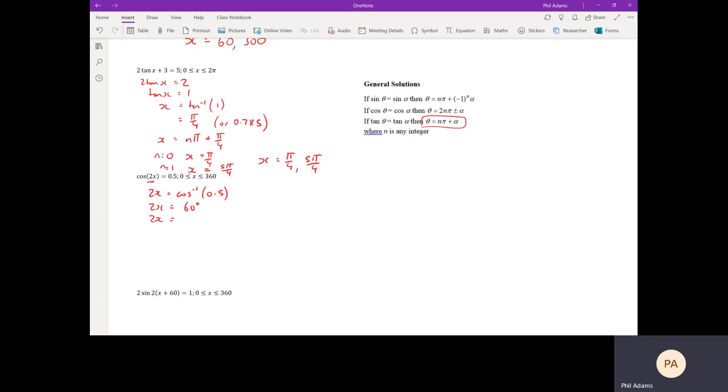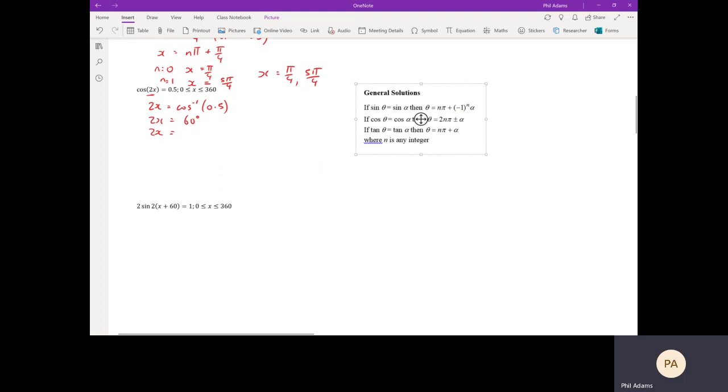So we go 2x equals 2n pi, and we're in degrees in this question, so that'll be 360n plus or minus 60, and then we divide by 2. That's the trick with the frequency changes.